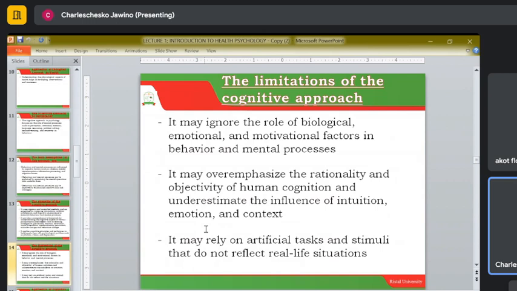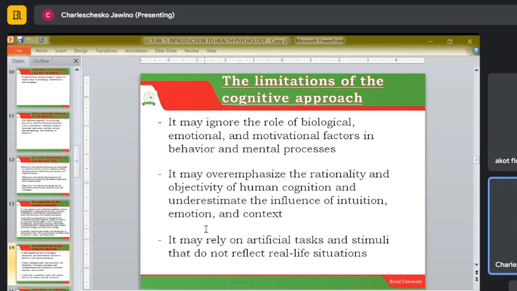Secondly, it may overemphasize the rationality and objectivity of human cognition and underestimate the influence of emotions and context. Like we saw, it focuses on cognitive aspects, for example reasoning, perception, memory, but it tends to neglect that people have emotional imbalances.